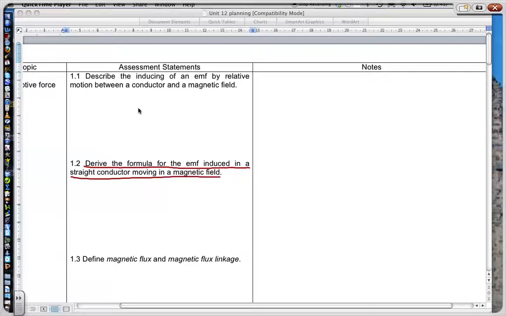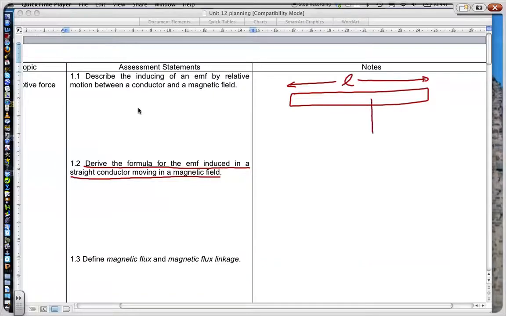So imagine we've got a wire like that with length L, and it is moving with a certain velocity downwards through a magnetic field, and the magnetic field is going into the board. And imagine this magnetic field is uniform through the whole area.